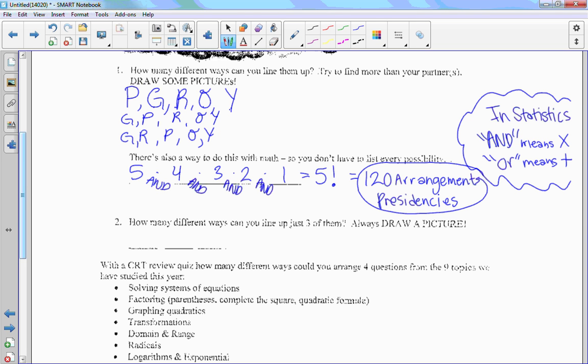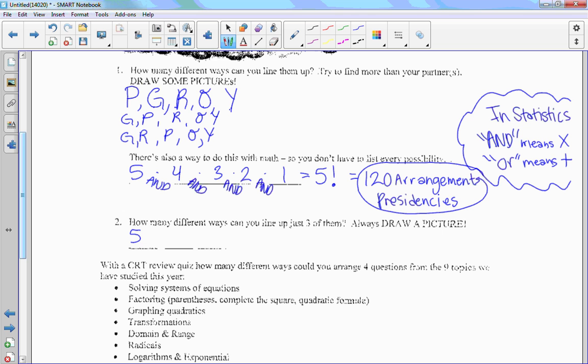Okay, now, number 2, how many different ways can you line 3 of your schools up? You still have 5 to choose from at the beginning. How many different ways can you arrange them into a presidency? You have 3. The first choice, you have 5 skittles, right? The president.